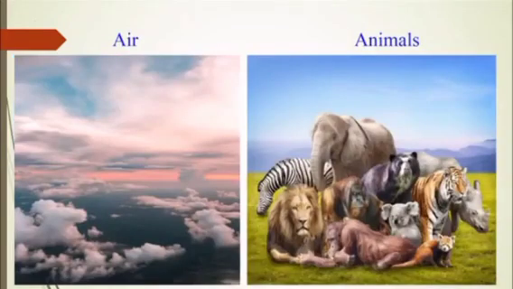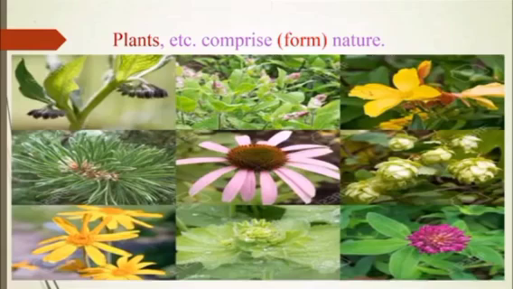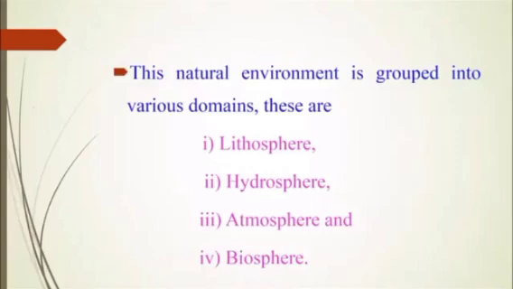Here we can see the picture of air and animals. Plants, etc. comprise nature. Here comprise means form. Here we can see the picture of plants. This natural environment is grouped into various domains. These are lithosphere, hydrosphere, atmosphere and biosphere.